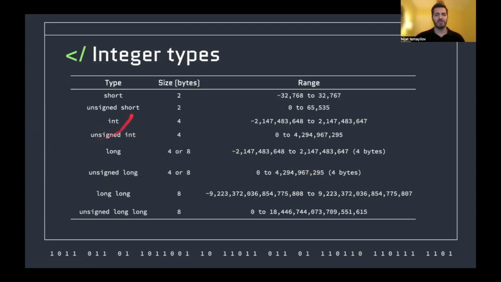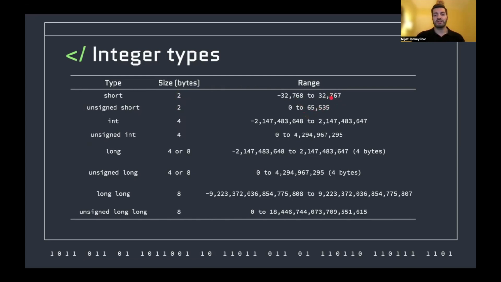So integer types, I just listed them here. You can see the memory they occupy in the computer's memory and the range of the values they can hold. Again, the standard short can hold negative and positive values, whereas unsigned short can hold only positive numbers. Now, if you look at them, the short type has 2 bytes, right? It's the same for both of them, and they can save the same variations of numbers.